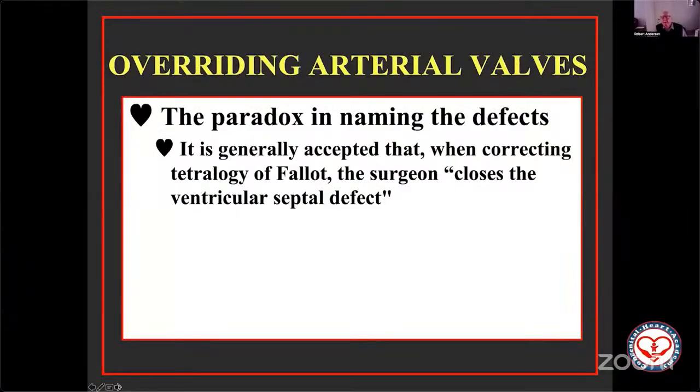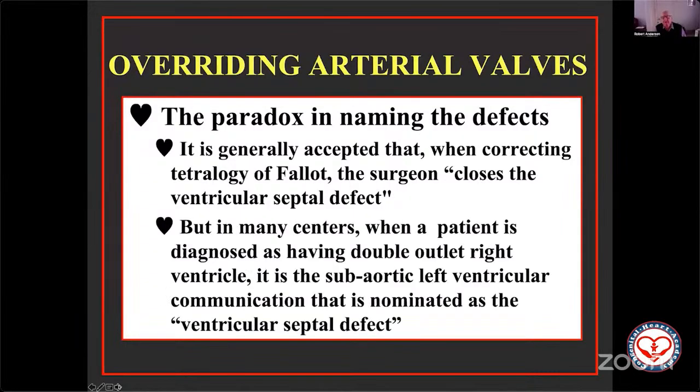So now you've seen those spaces, the subaortic right, the subaortic left ventricular communication. And we have a potential paradox in the way we name these defects. Because I hope you will agree that when you ask the surgeon to correct Tetralogy of Fallot, you hope the surgeon is going to close the ventricular septal defect. Here is the problem.